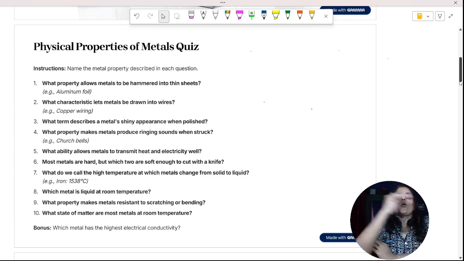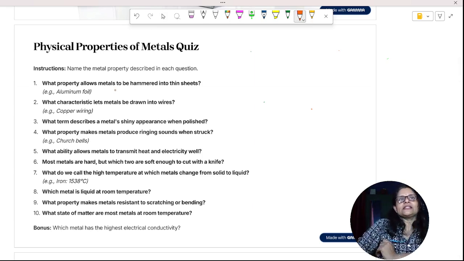First question: what property of metals allows the metals to be hammered into sheets? So, for example, they have given aluminium foil as an example. So hammering of solid metal into sheets is called, yes, it starts with the letter M, malleability.